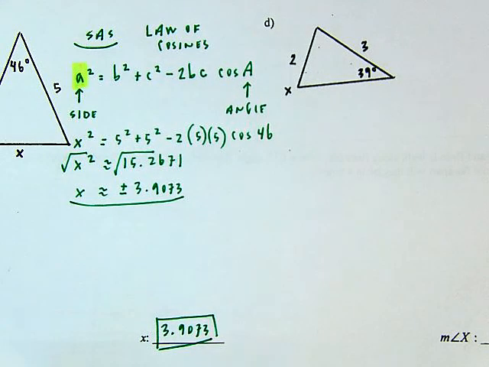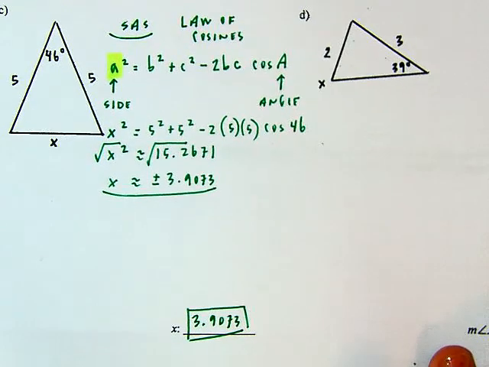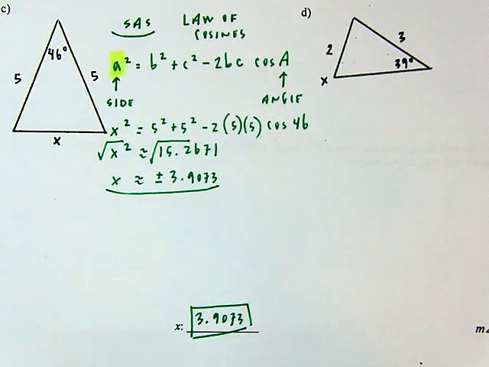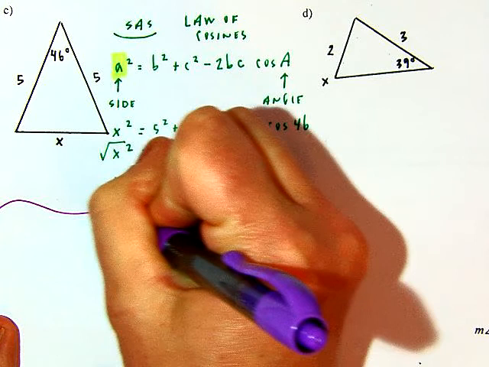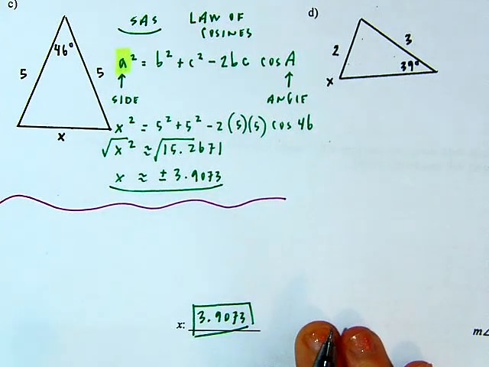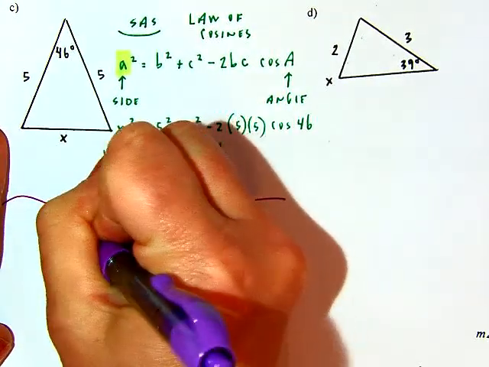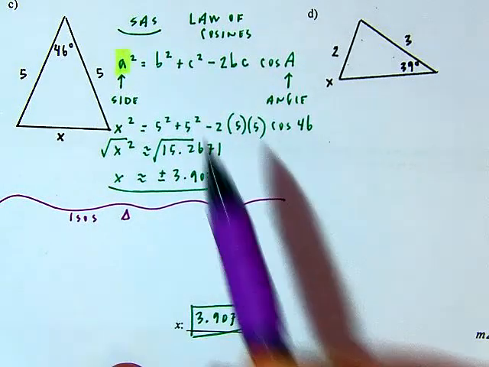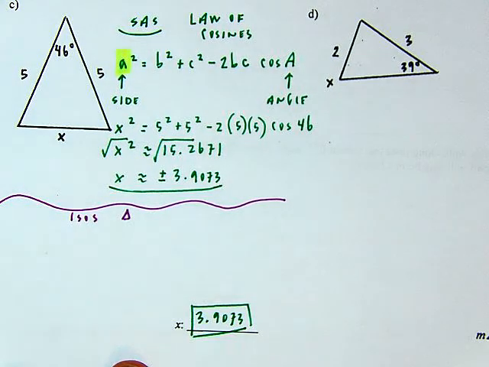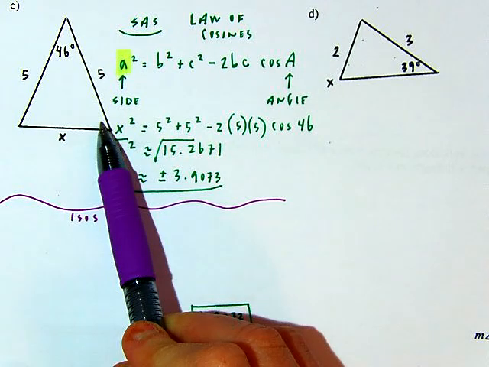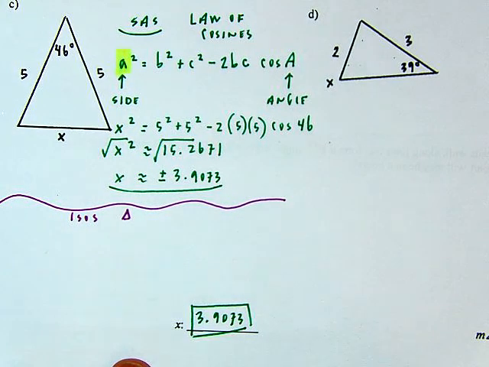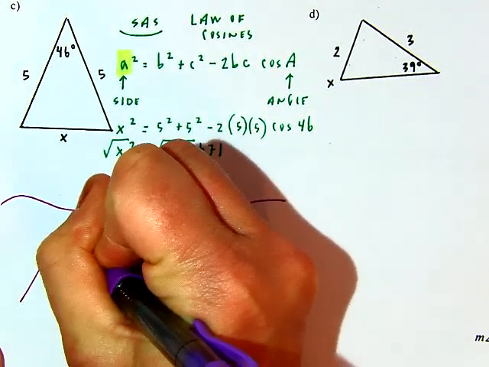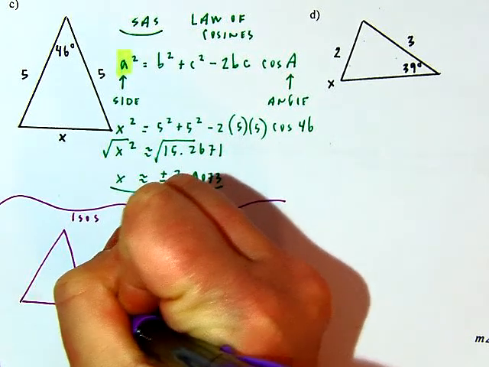Now, there may be something else that you noticed. There is actually a shortcut in this problem that some of you may have seen. So I want to show you the other pathway through it. This is an isosceles triangle, and I know that because I have 2 sides that are the same. That means the 2 base angles would have to be the same also. So let me sketch it out one more time.